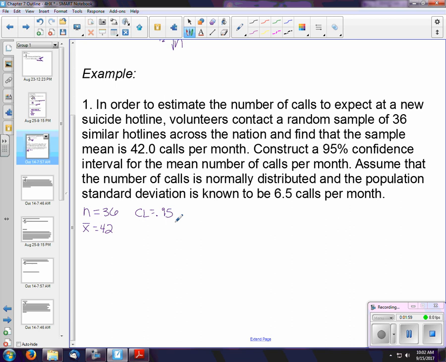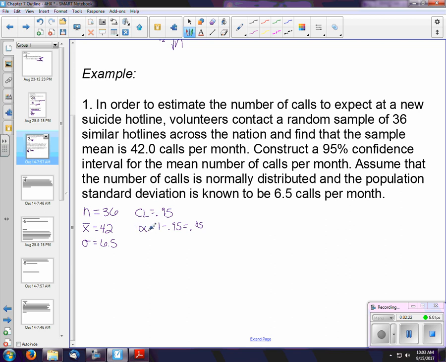We immediately turn that to a decimal. And also, if the CL is 95, alpha is the complement of that. So alpha is 0.05. They've also told us at the end to assume our standard deviation is known to be 6.5. So what other information can we find here?